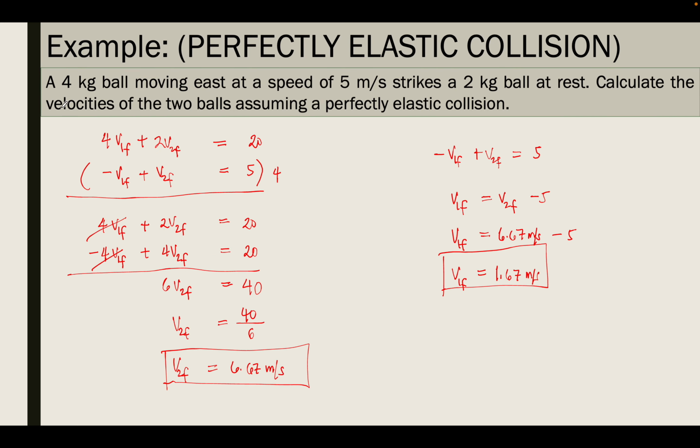Okay, so let's rewrite first again our V1 final is equal to 1.67 meters per second, and our V2 final is 6.67 meters per second. How can we know if the momentum is conserved as well as the kinetic energy?